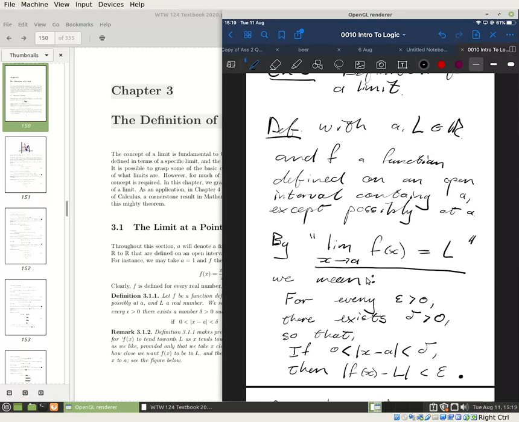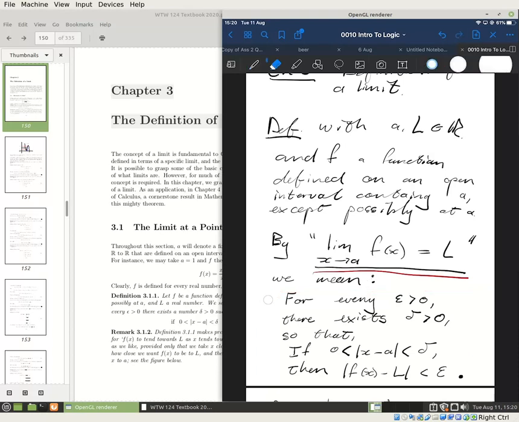Okay, so here is what this means. When we write the limit as x tends to a of f of x is equal to L, we mean the following.